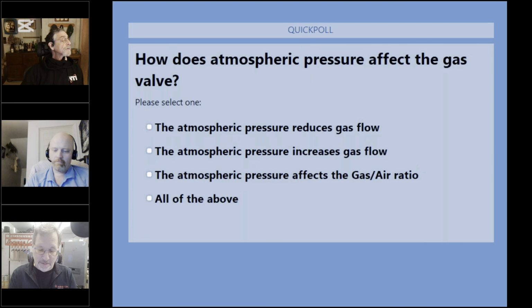73%, almost three-quarters, believe it's all of the above. Just under a quarter are saying atmospheric pressure increases the gas flow, 14% say the atmospheric pressure affects the gas to air ratio, and nobody thinks that atmospheric pressure reduces gas flow.